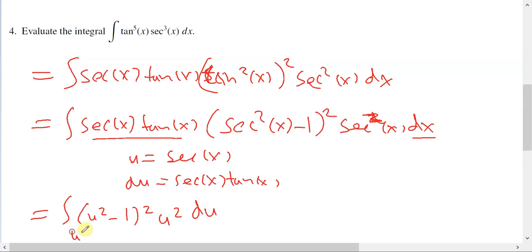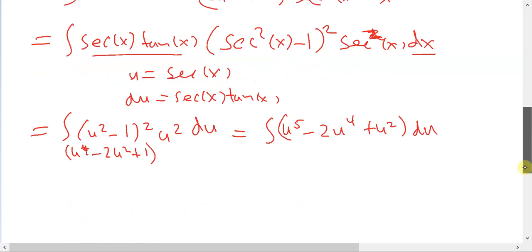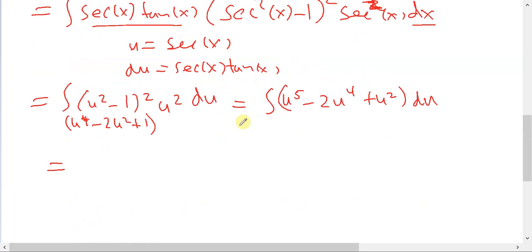Multiplying this stuff out, this is u to the 4th minus 2u squared plus 1, and then I'm going to distribute the u squared. So this is going to be the integral of u to the 5th minus 2u to the 4th plus u squared. And now I can integrate.